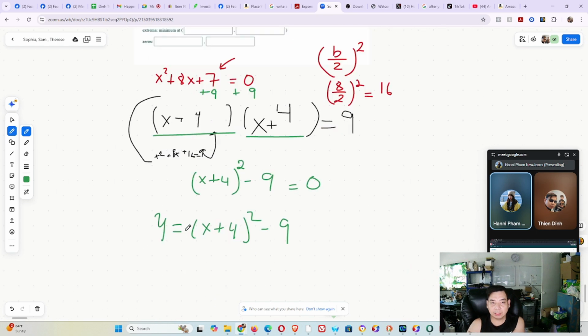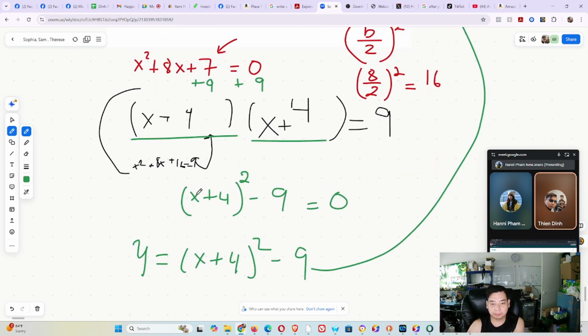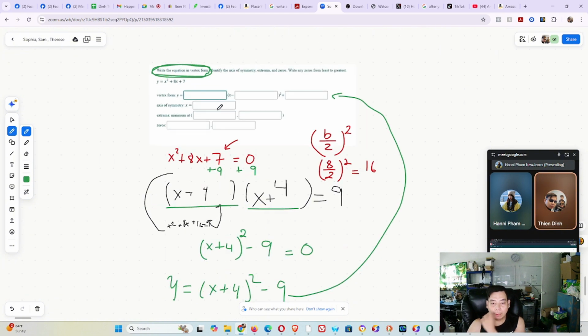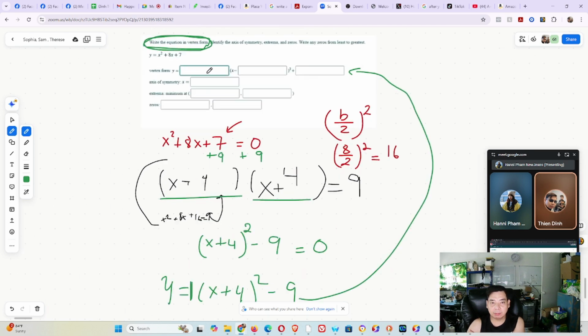Okay, so let's see how we're gonna transfer this in there. So y equals... Well, there's nothing in front of the parentheses, so we're gonna put 1 instead.